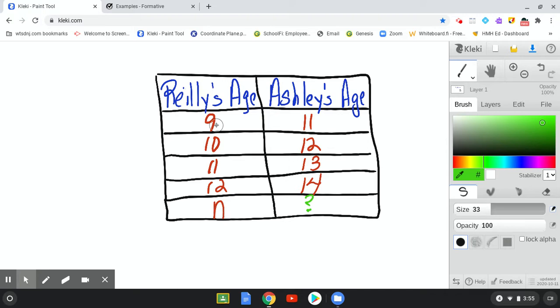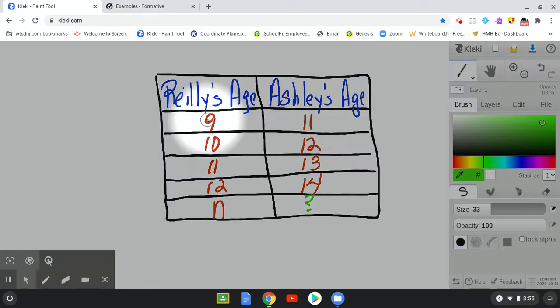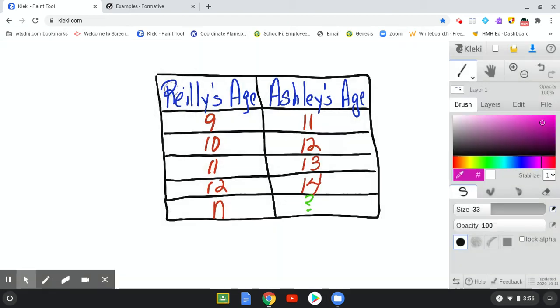The first thing I need to do is find a relationship between Riley's age and Ashley's age. Well, I noticed that Riley's age, she's younger than Ashley. So my number is going from a smaller number to a larger number. So if my number is going from a smaller number to a larger number, I'm going to either be adding or multiplying.